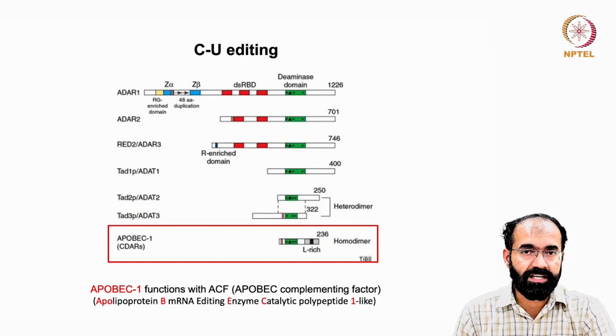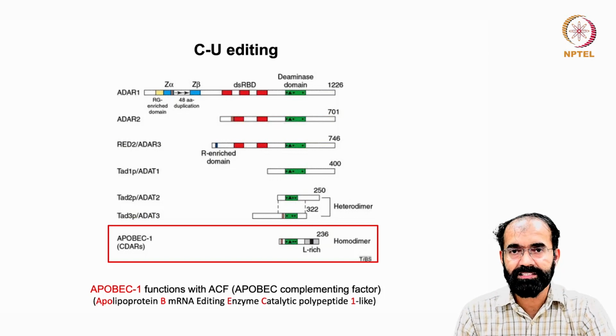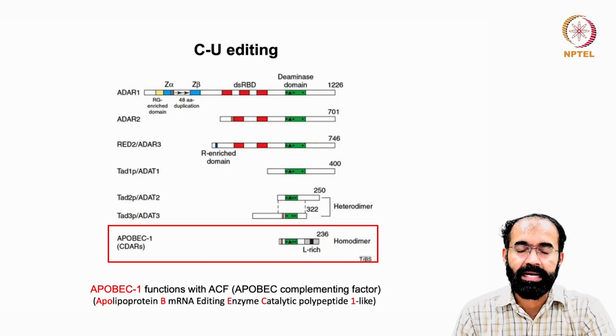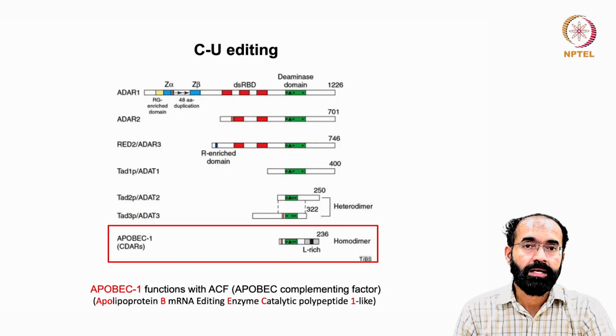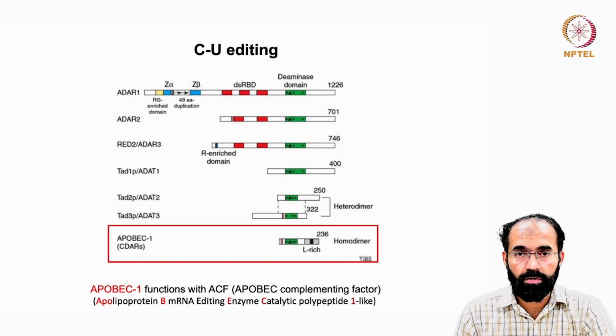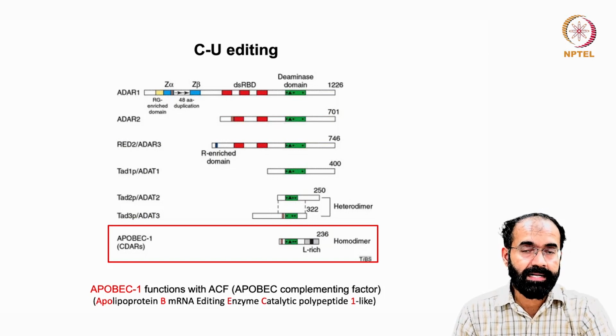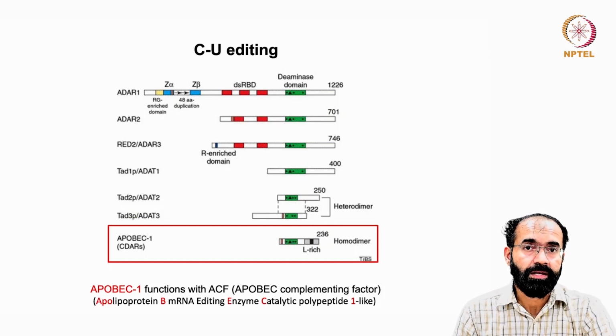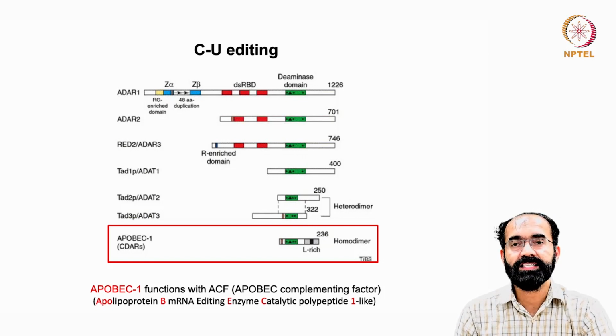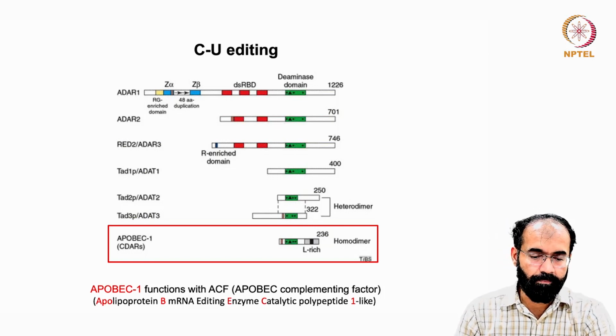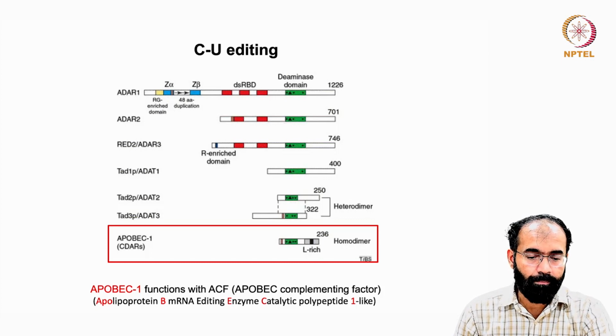APOBEC is a well studied molecule, it has huge implications, it is important in RNA editing and it also helps in a lot of other unrelated functions, in the sense that it is made use of by various viruses for their own benefit. So we will see them with some examples in detail. What is APOBEC?